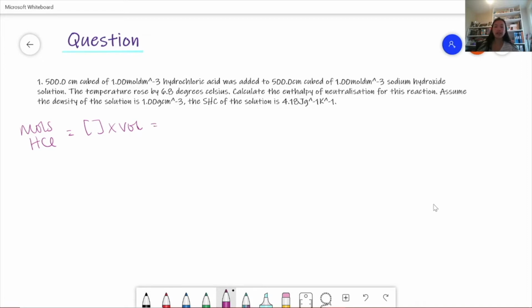So we need to convert this to decimeters cubed. And the way we do that is divide it by 1,000 or times 10 to the -3. And then we times it by the 1 mole per decimeter cubed. And this gives us 500 times 10 to the -3. And then we do the same for the sodium hydroxide.